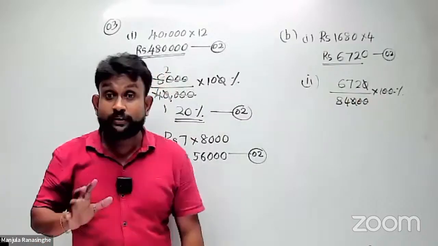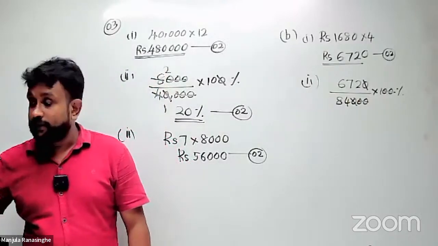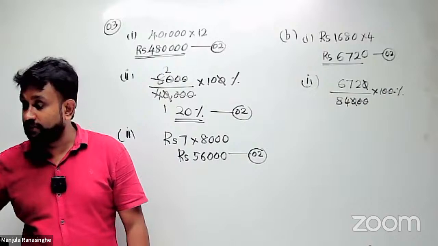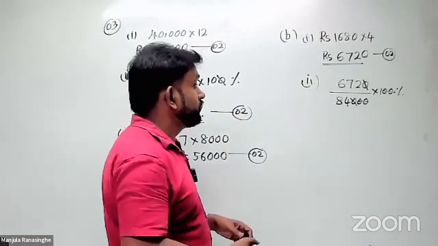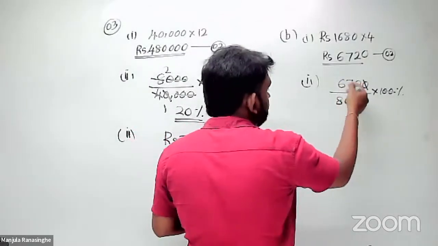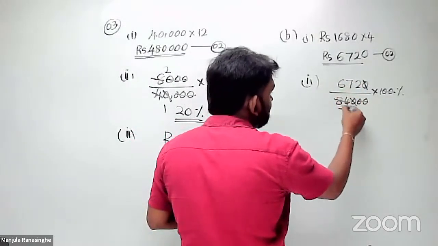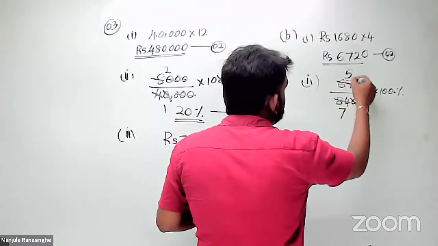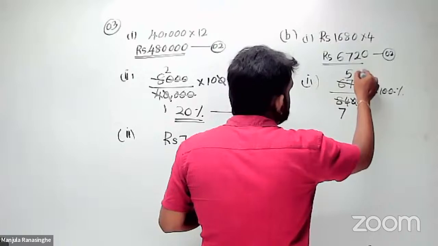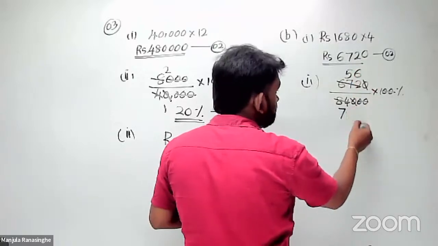Now divide 672 by 84. 672 divided by 84 gives you 8%.